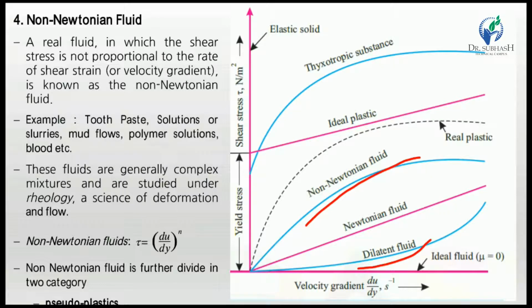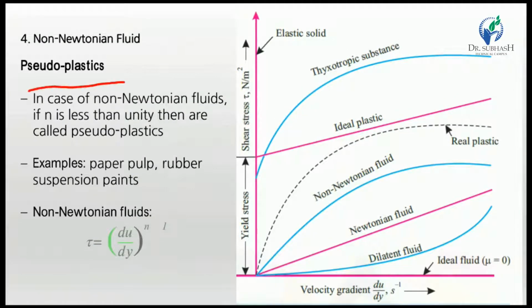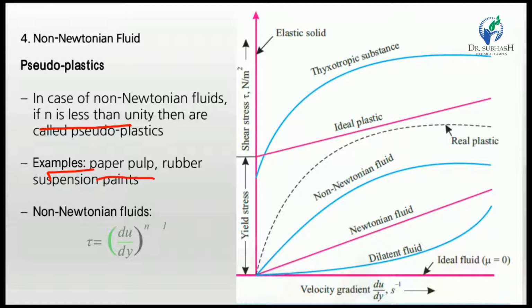Okay. So pseudoplastic fluid: in the case of a non-Newtonian fluid, if the value of n is less than unity, then our fluid is called the pseudoplastic fluid. Okay. Examples are paper pulp, rubber and rubber suspensions, paint.